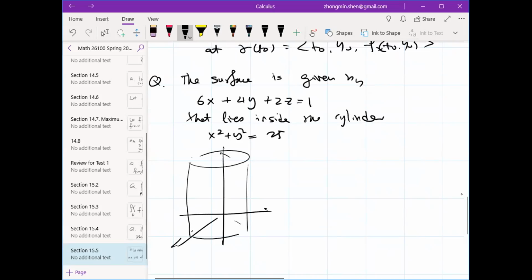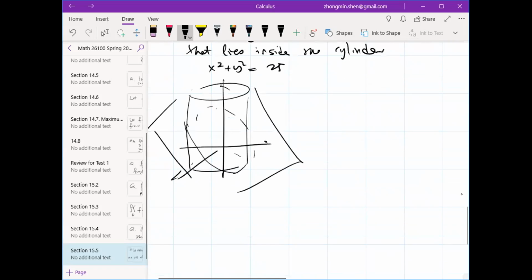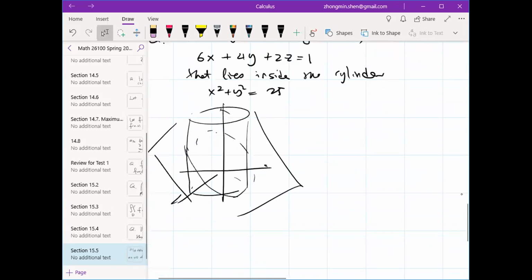So it looks like that when it cuts through the cylinder. Just sketch it. So the normal vector is going to be (6, 4, 2). They're all positive components.